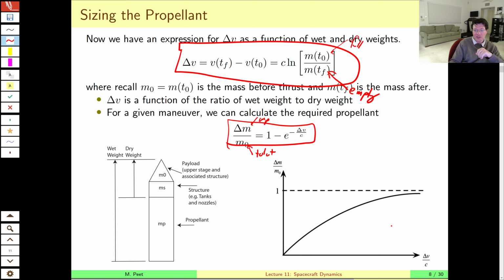So what we see is as the delta V increases, this fraction gets very large. It gets very close to 1. So we need more and more of the rocket to be propellant.